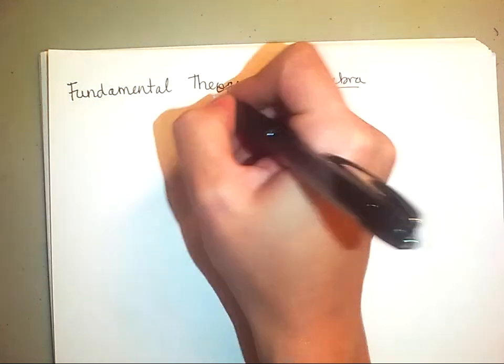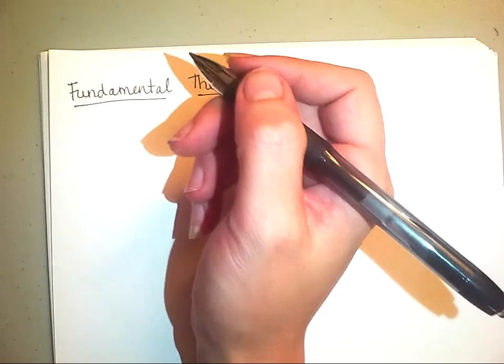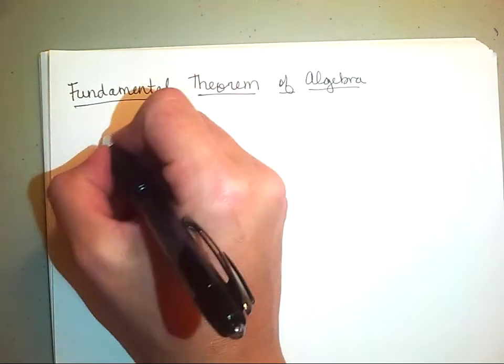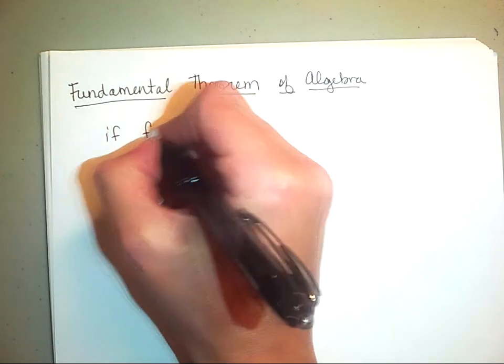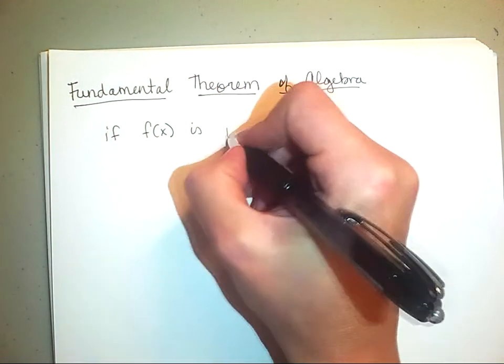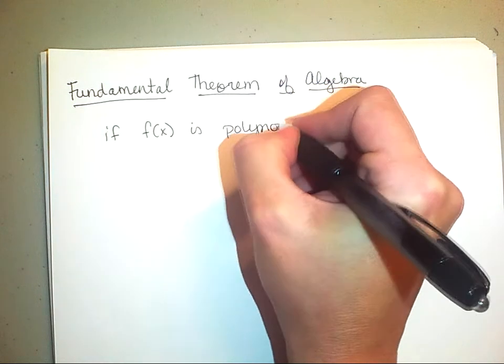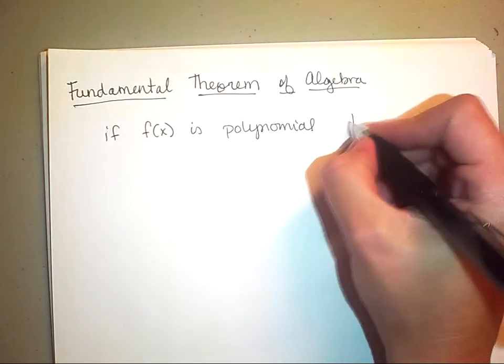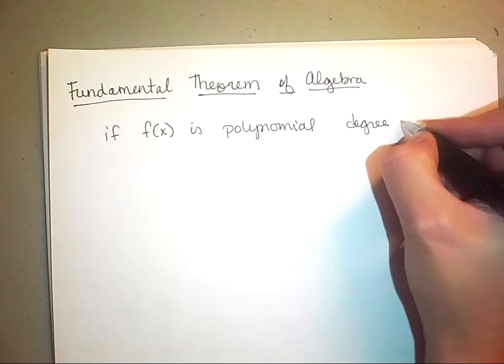Let's say our function is a polynomial, and the degree has to be greater than 0, otherwise it's just a constant.